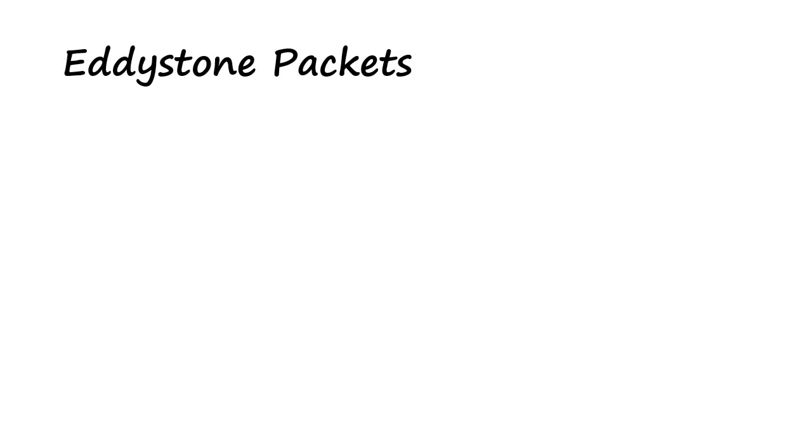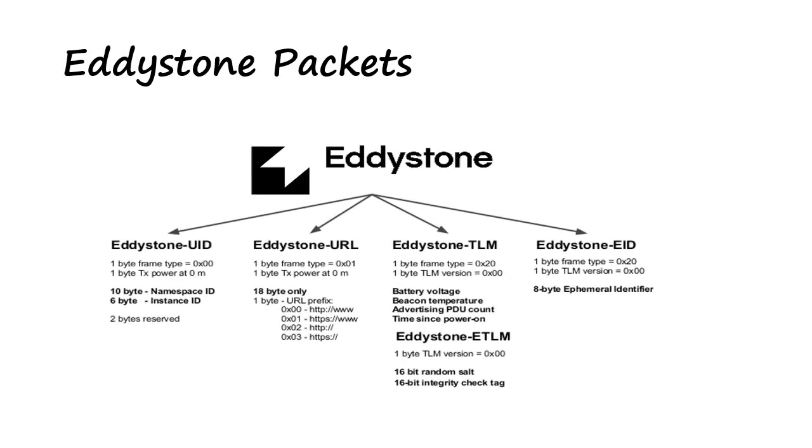Eddystone exists as 4 different frames: Eddystone UID, Eddystone URL, Eddystone TLM, and Eddystone EID. The UID works more or less exactly as iBeacon does. It broadcasts a short code at a regular interval.